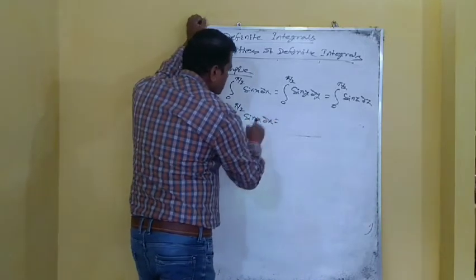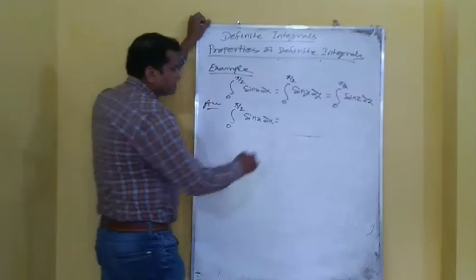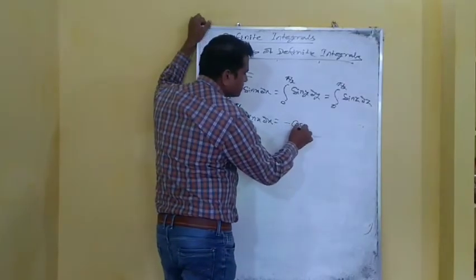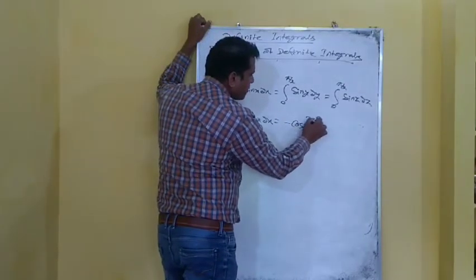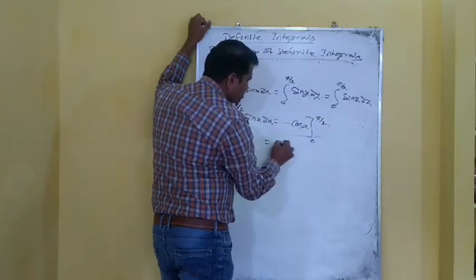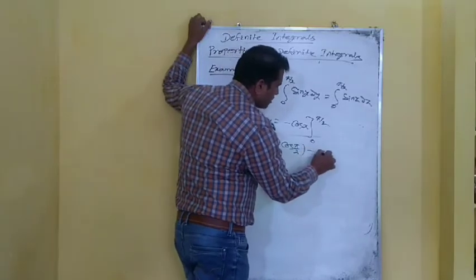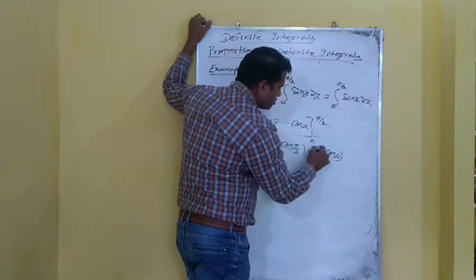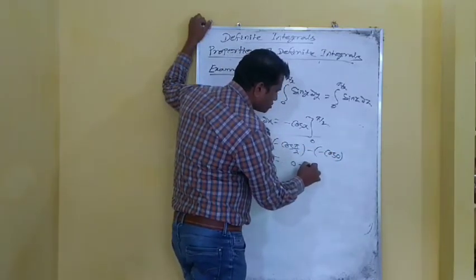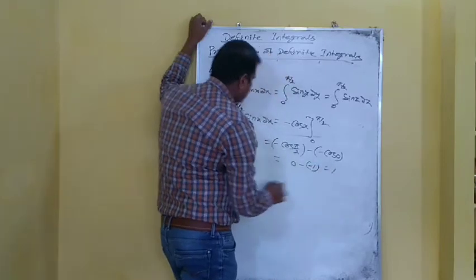You know that the integral of sin x is minus cos x, from 0 to pi by 2, that means minus cos pi by 2 minus cos 0, that equals 0 minus 1, that equals 1.